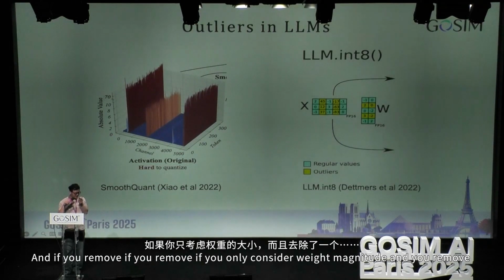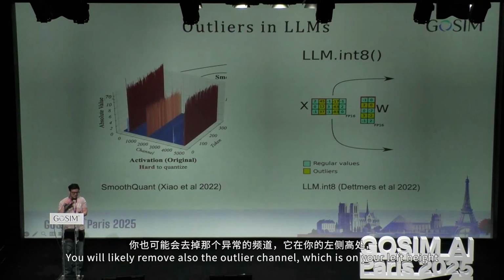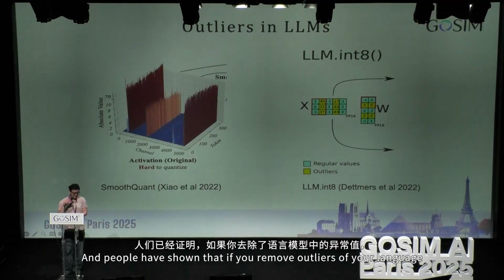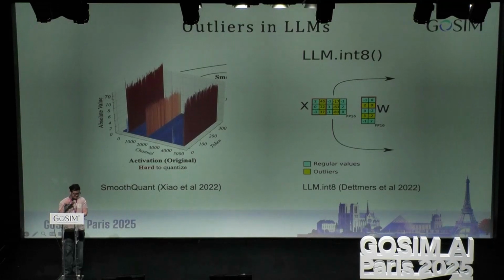If you only consider weight magnitude and you remove, for example, the top two lines in your weights, you will likely also remove the outlier channel, which is marked in yellow on your left. And people have shown that if you remove outliers of your language models, your model will be catastrophically destroyed.